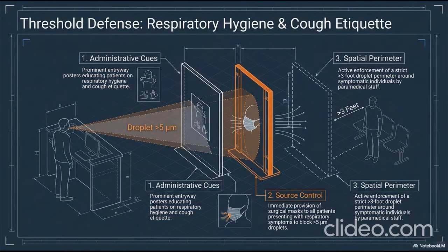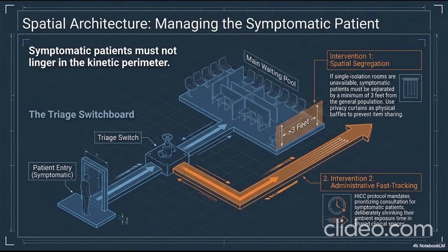Slide 3. The bedrock layer, standard precautions. In high turnover settings, often seeing over 40 patients per day, standard precautions must be applied universally. This bedrock layer consists of 3 pillars. First, fluid barrier defense. Immediate availability of PPE to protect mucous membranes from unanticipated exposure.